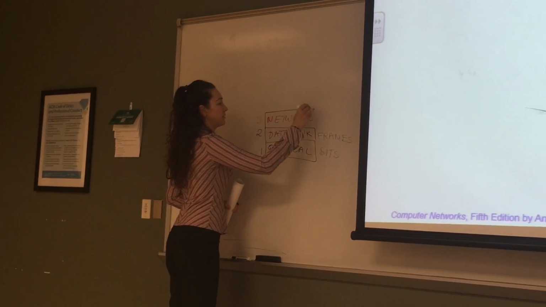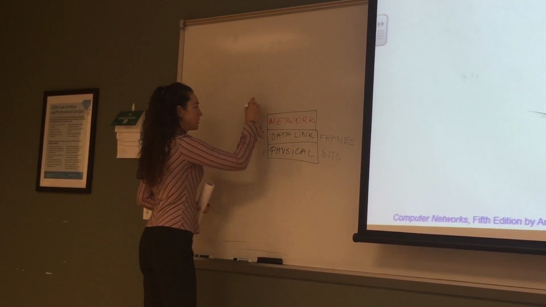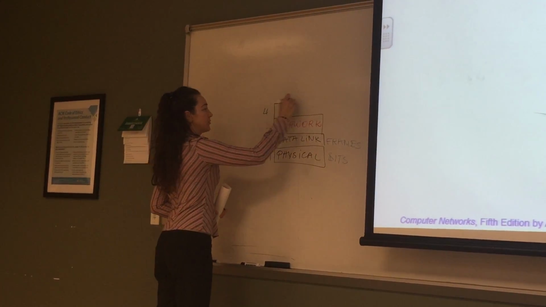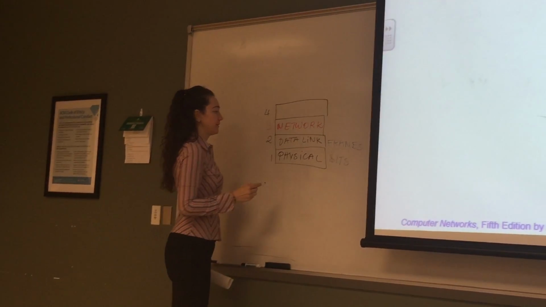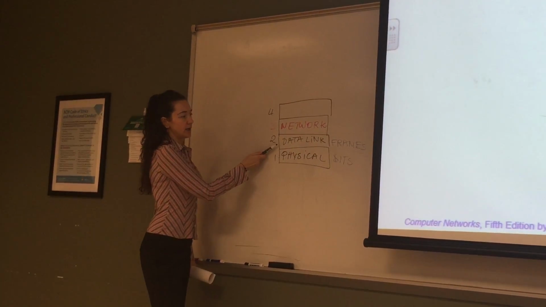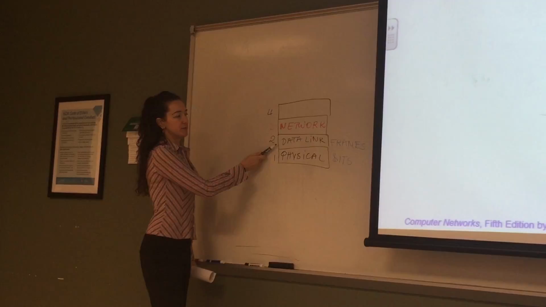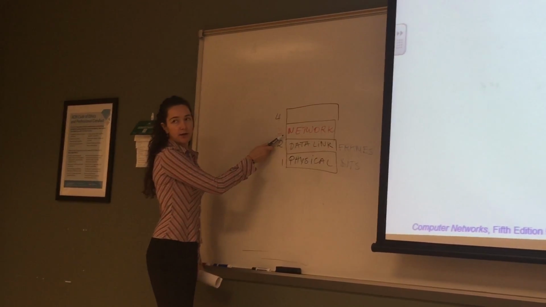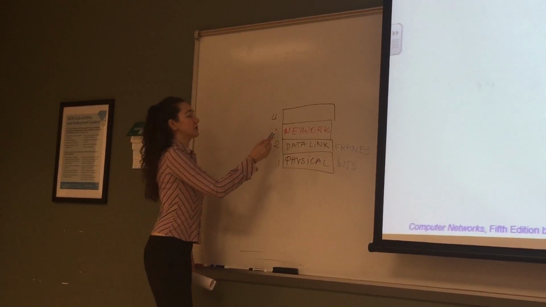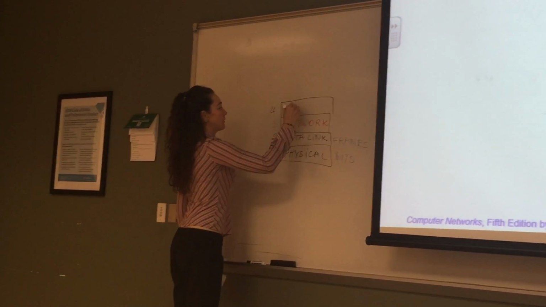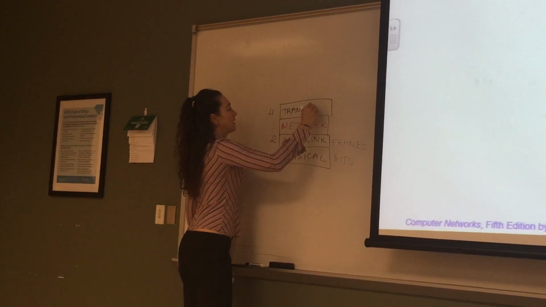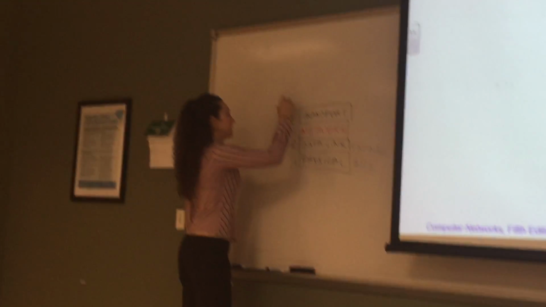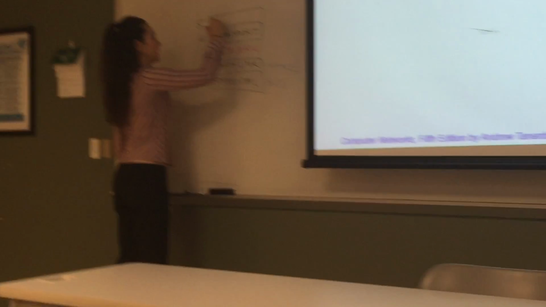Each layer is responsible for providing service to the layer above it. So the data link layer, the reason we have this layer is to provide service to the network layer, and the reason we have the network layer is to provide service to the transport layer. And the transport layer provides service to the application layer.